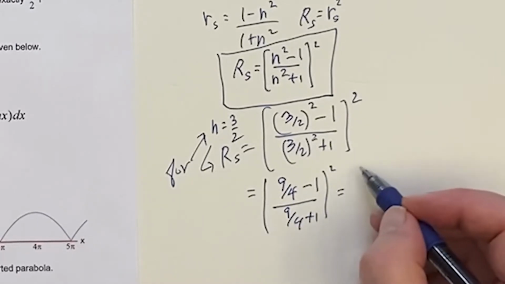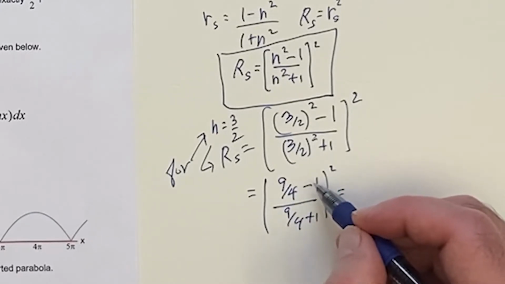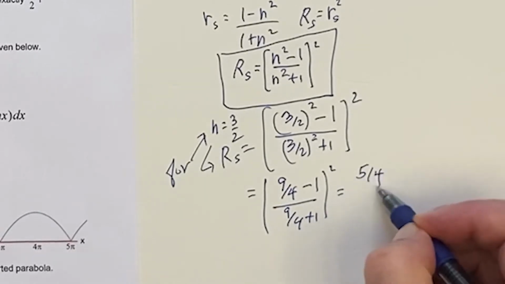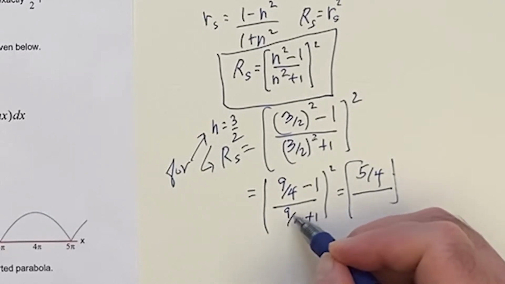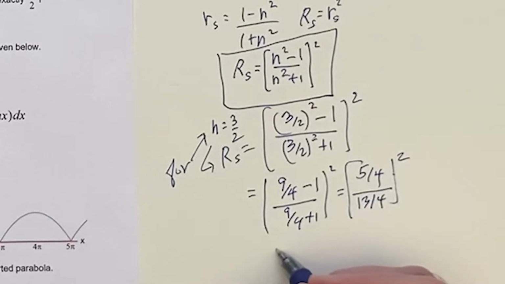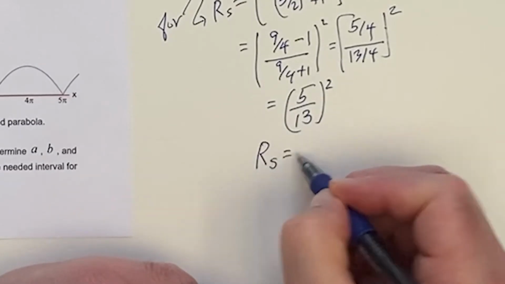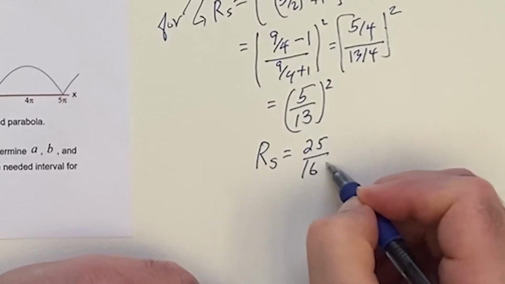And this would be 9/4 minus 1, where 1 is 4/4, so this is 5/4. And then if you have 4/4 and 9/4, that's going to be 13/4 squared. The 4's go away, and you have 5 over 13 squared. So the RS in this particular case is 25 over 169.